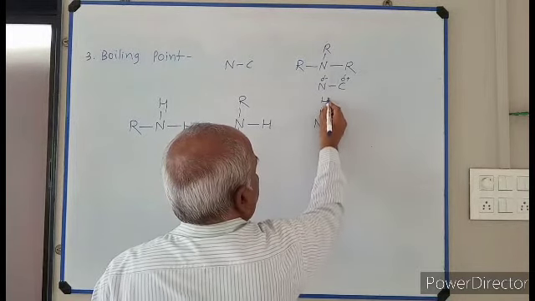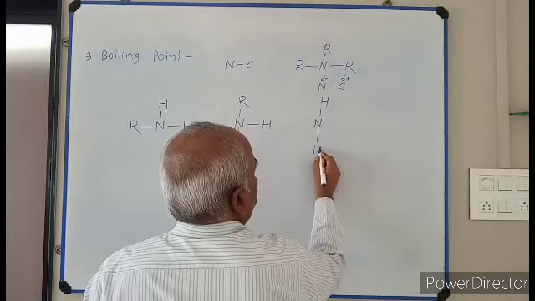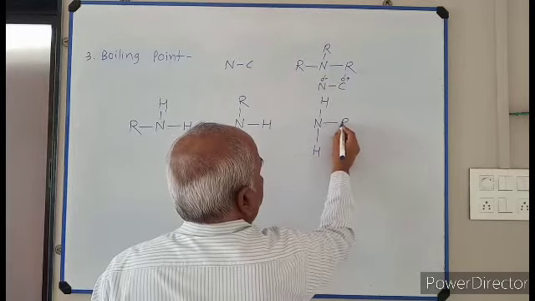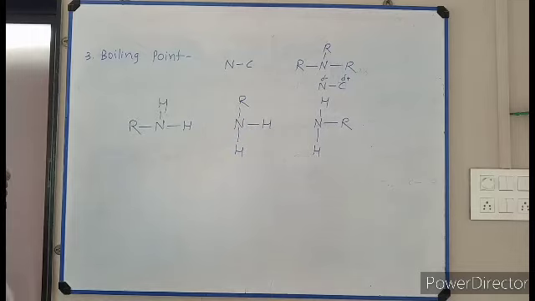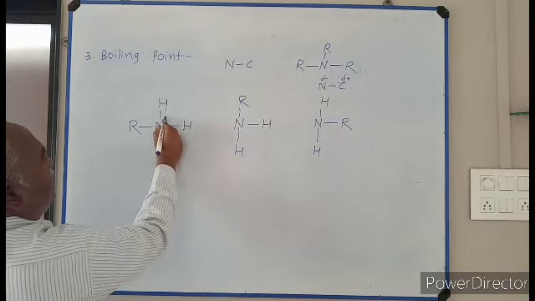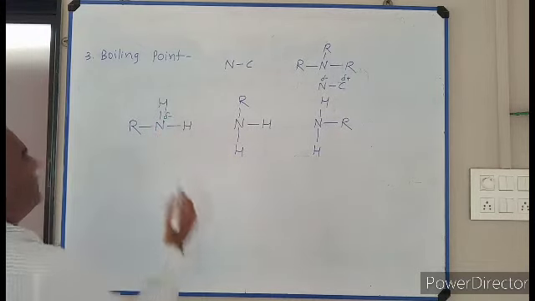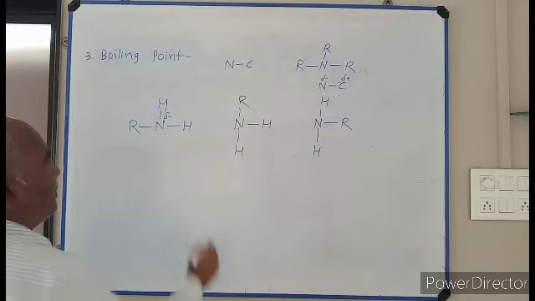Nitrogen is more electronegative, therefore acquires delta negative charge.